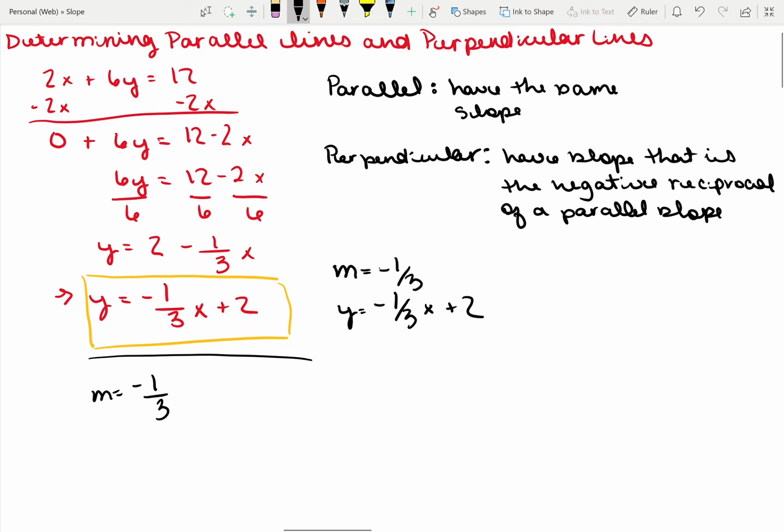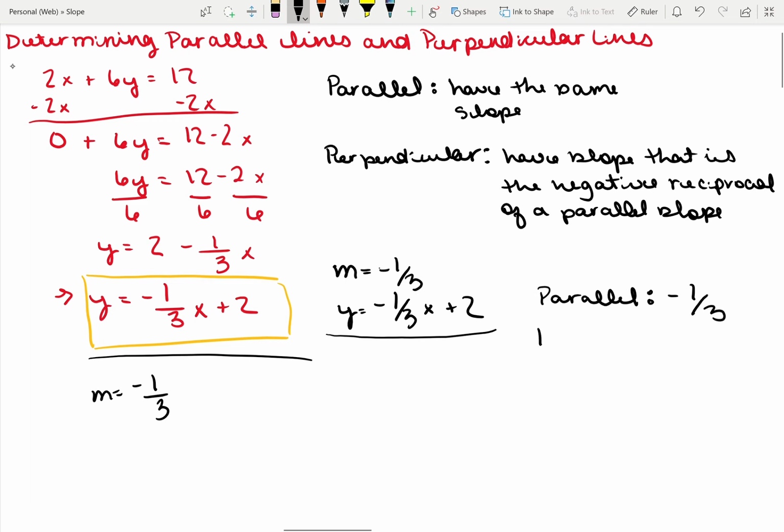A line that will be parallel to this line, because of course this function represents a line, would have the same slope. So it would have a negative 1/3 slope.